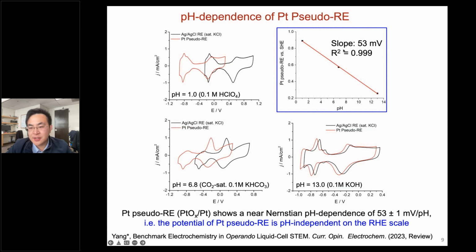This number is important because for classical Nernstian behavior, we expect a slope of 59 millivolt. Given all the experimental measurement errors, we think this is close to a Nernstian pH dependency for the platinum reference. The translation is that the potential of the platinum reference is really pH independent on the RHE scale.